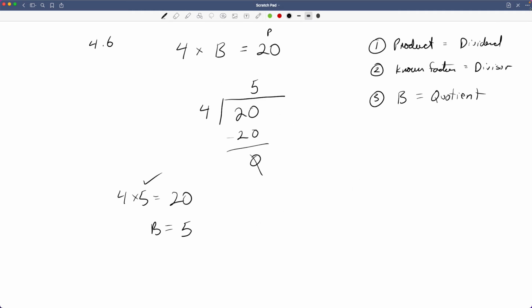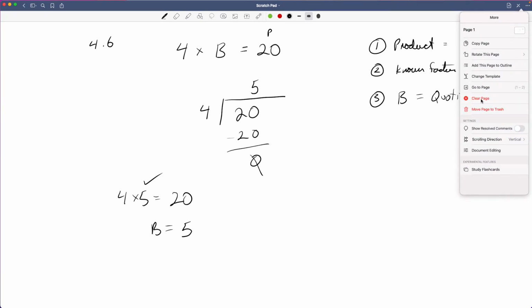So let's see what happens when there's an unknown in a division problem. So here we have one. We have 64 divided by a is equal to 4. So to find the missing divisor, we divide the dividend by the quotient.